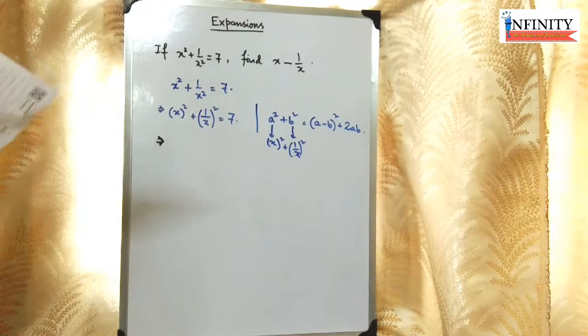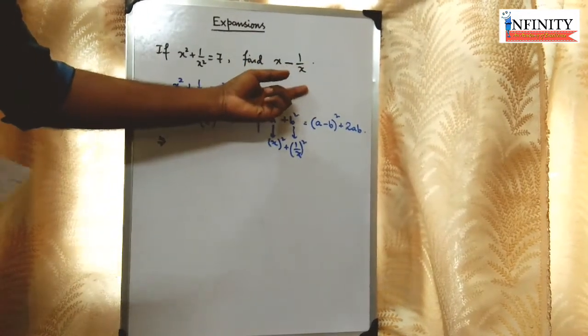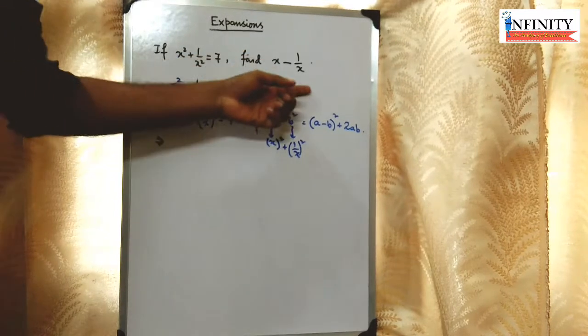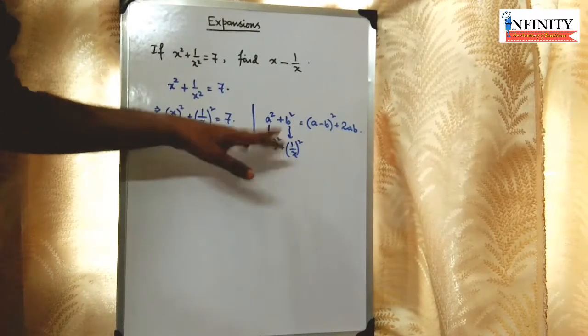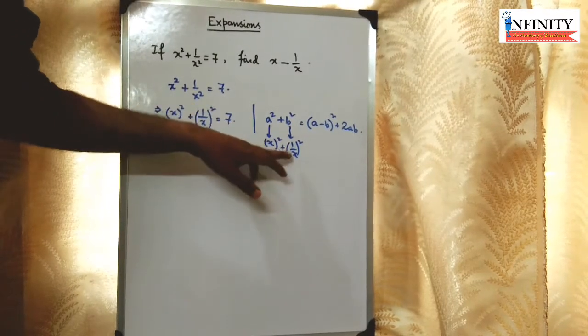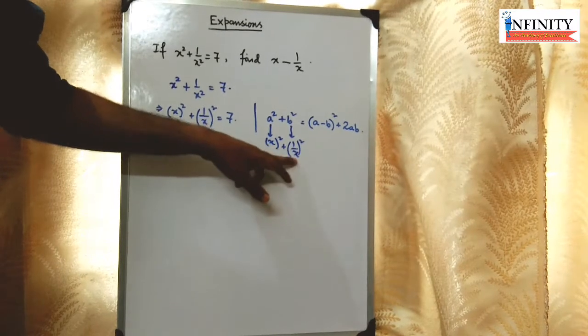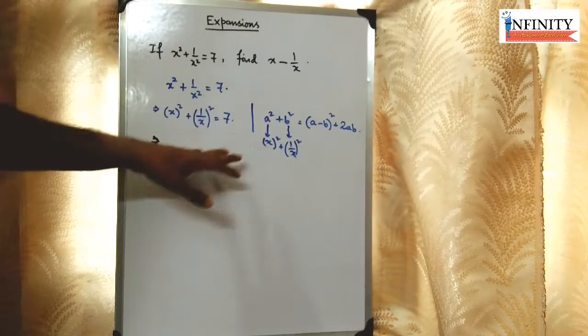Why? Here you have to find x minus 1 by x, right? That is, you have to find a, that is x, minus b, that is 1 by x. So you have to follow this formula in this case.